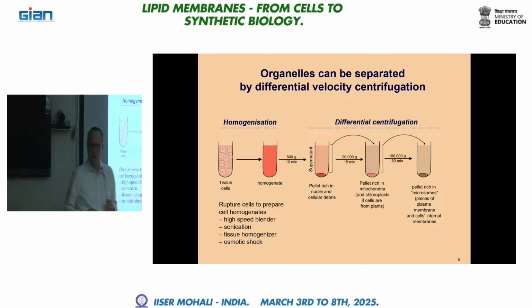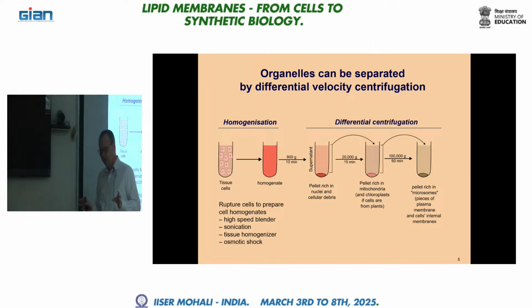So you can break cells, then you have a cellular homogenate where all the organelles are free, and you can run differential centrifugation. You use different centrifugal forces to sediment your organelles, and you get pellets at different speeds that differ in their organelle composition. That gives you a first idea of separation for the membranes.